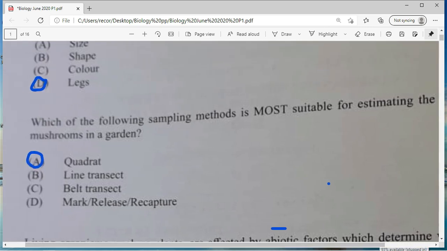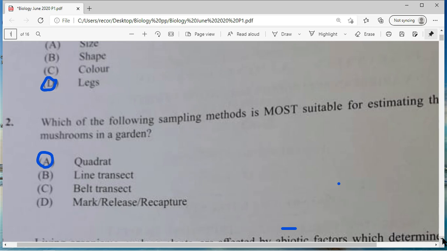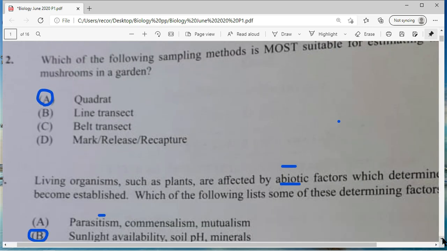The quadrat is used to sample stationary or slow-moving organisms, while the line transect and the belt transect look at changes over a particular domain. The mark and release is looking at animals that are a little more motile. These are all interesting sampling methods that you really want to ensure you know how to use, so that as you move further in science, you'll be able to master them. So like I said earlier, A is the answer for question number 2.